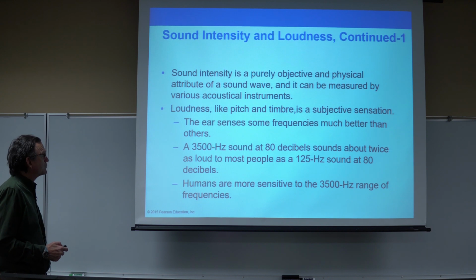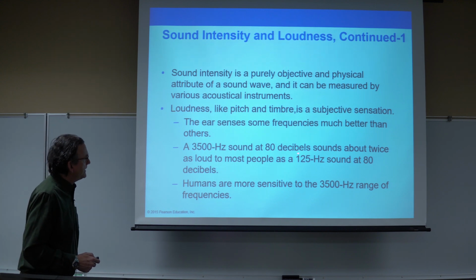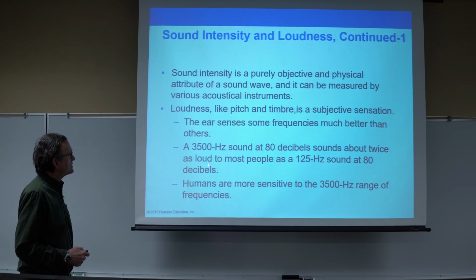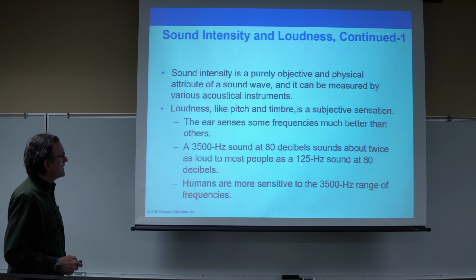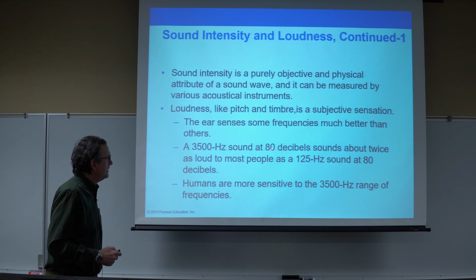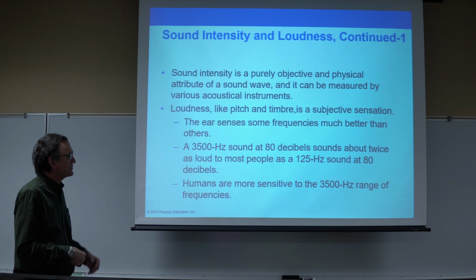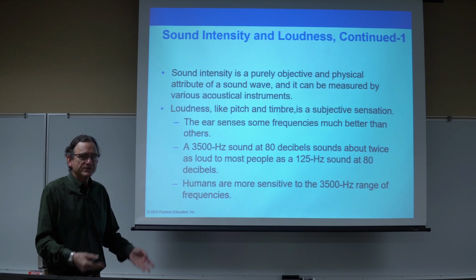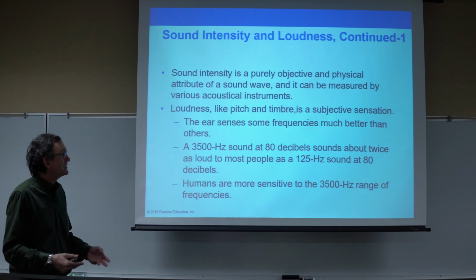It's also true that the ear senses some frequencies much better than others. A 3500 hertz sound at 80 decibels sounds about twice as loud to most people as a 125 hertz sound at the same intensity. So simply by changing the frequency, we have the perception that the loudness has changed, but in fact the intensity has not changed.